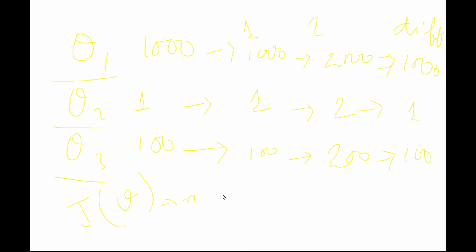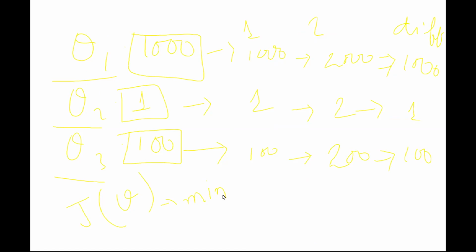Okay, so to find this minimum cost, we are updating theta 1, theta 2, and theta 3. With a very small change, my theta 1 was multiplied with a digit in the thousands, theta 2 was multiplied with a digit of 1, and theta 3 was multiplied with a digit in the hundreds. Correct? Yes.